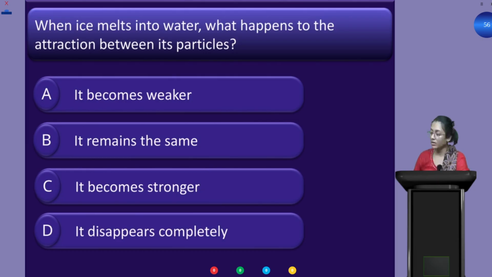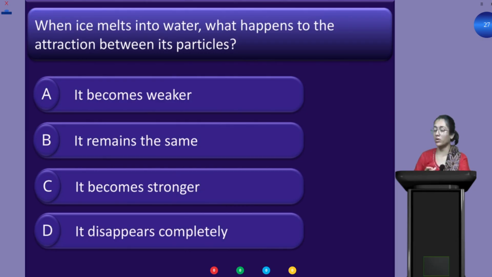Ice is solid and water is liquid. Which one will be the right answer? Tell me.